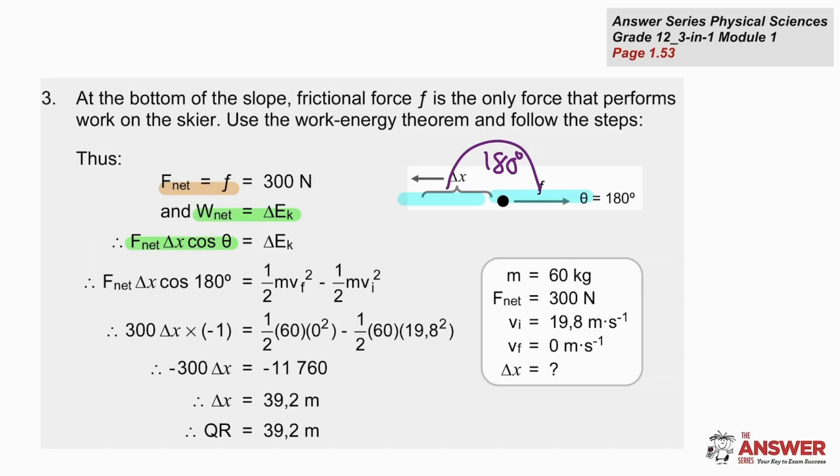So the left-hand side is negative. The skier is slowing down, so the change in kinetic energy is also negative. Complete the substitutions and manipulate the equation to get delta x equal to 39,2 meters. The question asked for QR, so write a final statement that QR equals 39,2 meters.